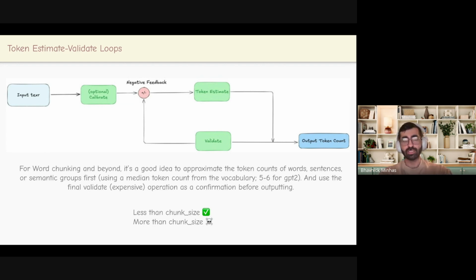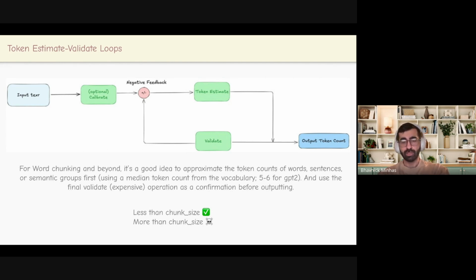There's also an optional calibration step where you can count the number of tokens and the number of characters per token, and the average number of characters per token. What that does is calibrate it so it's better at estimating. Then the estimations become better, and you need to do fewer validations.